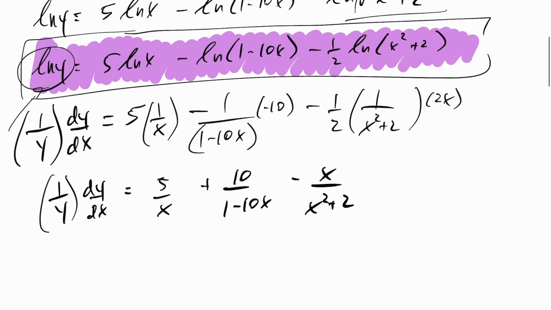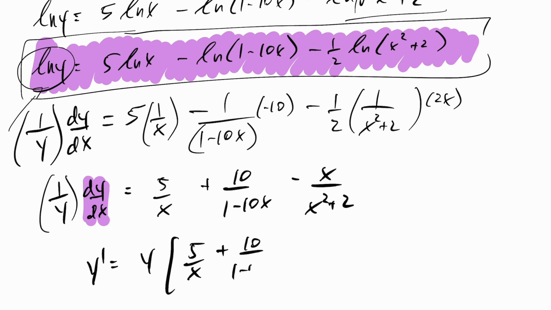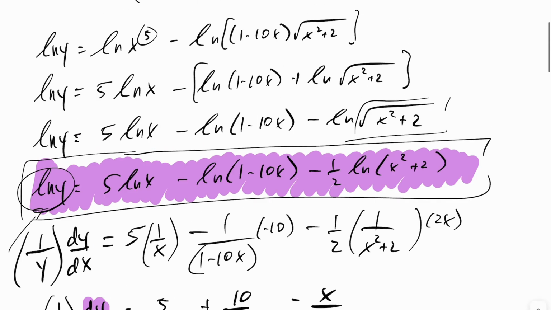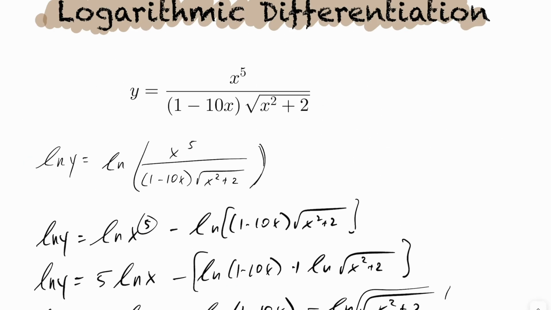And the last step here is you're looking to isolate dy dx, that's my y prime. So therefore y prime is equal to y times 5 over x plus 10 over 1 minus 10x minus x over x squared plus 2. And to finish this off, my y prime is equal to y. Well, we know what y is. y is this whole expression right here.